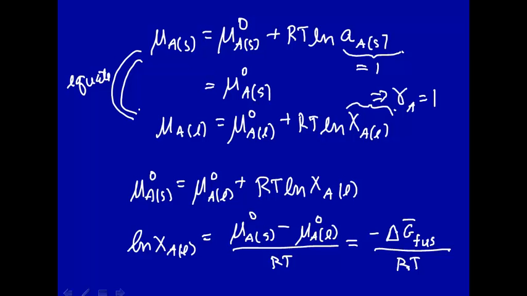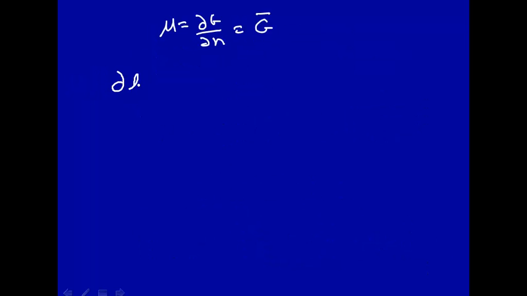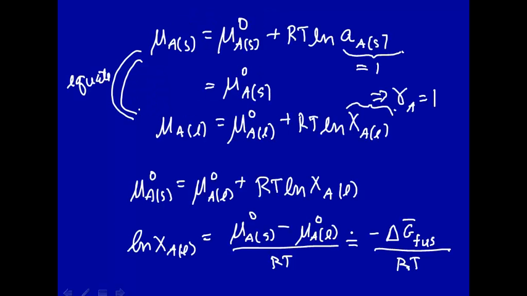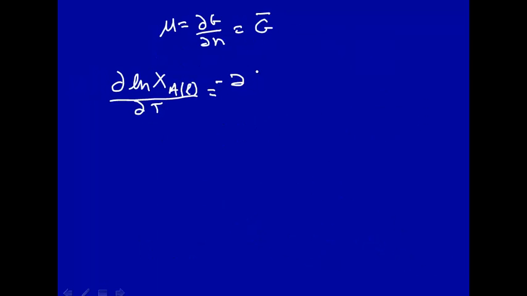Okay, so with that, let's look at the temperature dependence, how the natural log of the mole fraction of this component in the liquid phase varies with temperature. Well, I'll just look at G over T. So this is how, and I'll put the minus sign out there, delta G of fusion divided by temperature varies with temperature, and that's divided by R. Now remember, this is the Gibbs-Helmholtz relation.